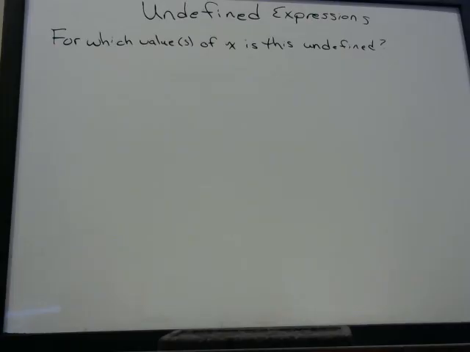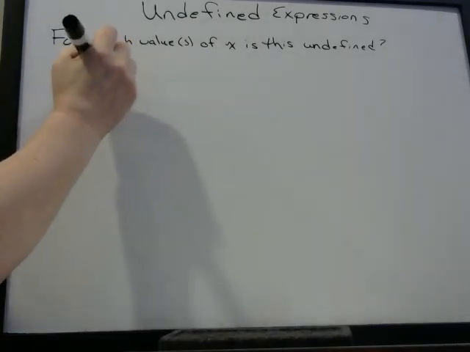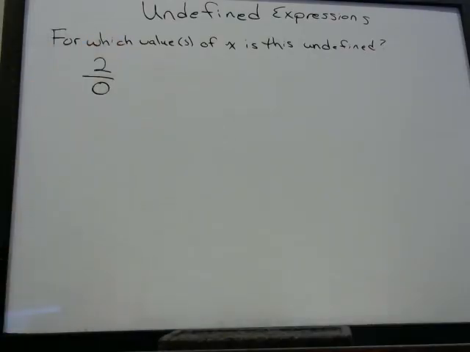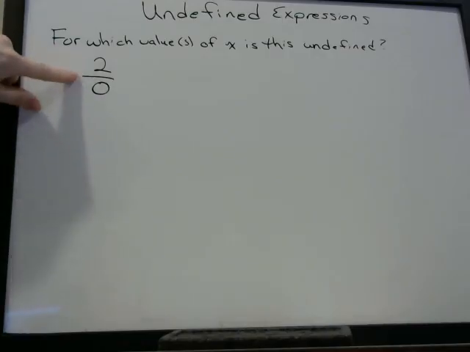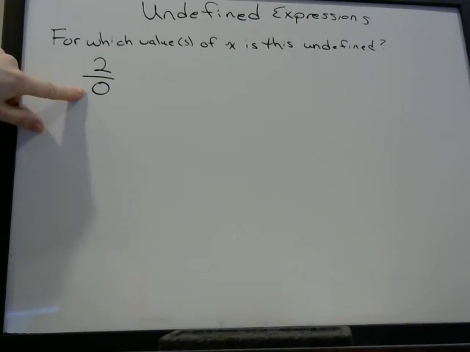So the first way that something is undefined, at least for the GED test, is by having a fraction in which there's a 0 in the denominator. Remember that fractions are just divisions, so it's 2 divided by 0, or numerator divided by denominator, and you can't divide by 0.